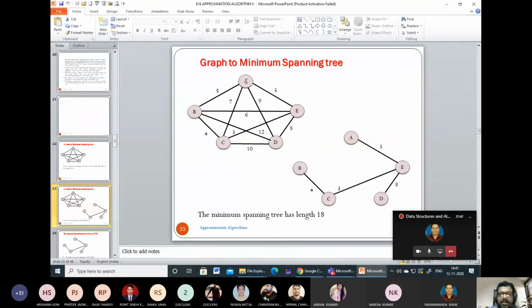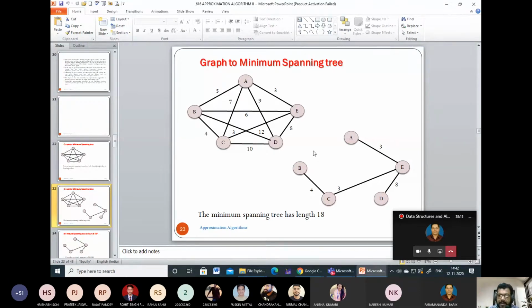Here, the trick is very simple. This is one of the common examples discussed for designing an approximation algorithm. What am I using? I am using a greedy algorithm to find the minimum spanning tree. Then by applying some exercise to the minimum spanning tree, the tree will be converted to a tour.